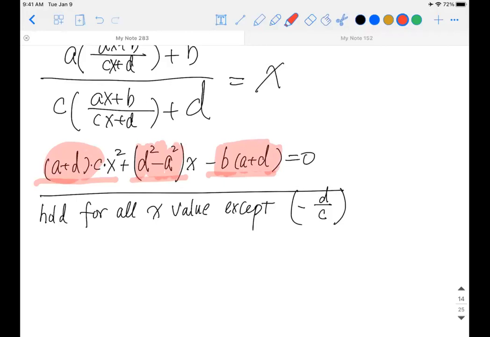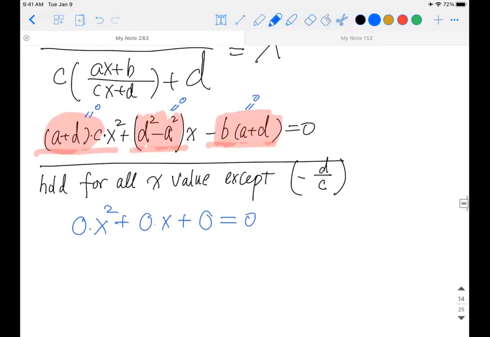To make sure this holds for all the x's, there's only one possible solution: they must all equal 0. As long as I have 0 times x squared, 0 times x, plus 0 equals 0, you can choose whatever x you want. Regardless, it always holds. That makes sense.